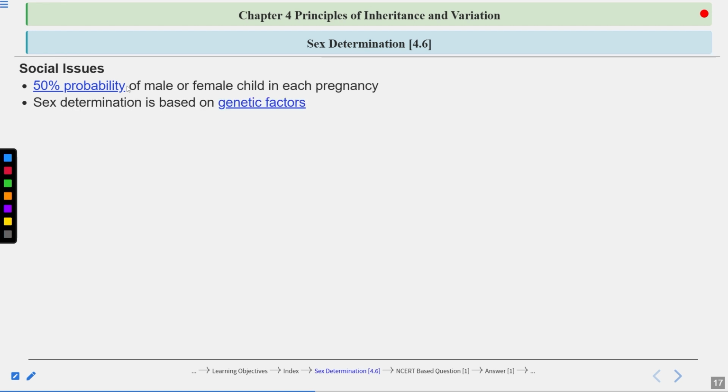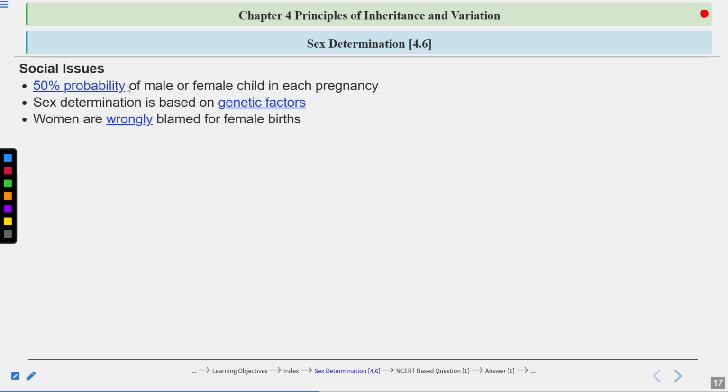Clear? Now sex determination is based on genetic factors. And women are wrongly blamed for female births. So sex determination is based on chromosomes, meaning it has a genetic basis. But women are wrongly blamed for female births because the woman is giving birth.